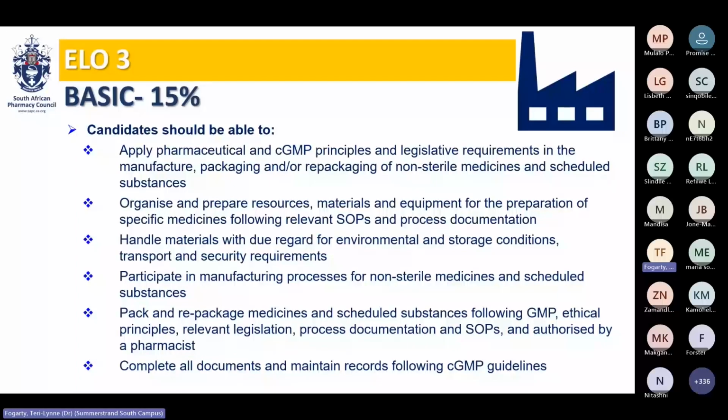You need to know your scope in terms of participating in manufacturing processes for non-sterile medicines, packing and repackaging of medicines and following good manufacturing principles, ethical principles and relevant legislation, knowing process documentation and standard operating procedures linked to packaging and repackaging, and then be able to complete documents and maintain records following good manufacturing guidelines, again, within your scope of practice as a basic assistant.